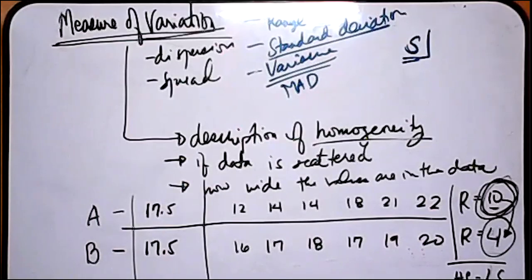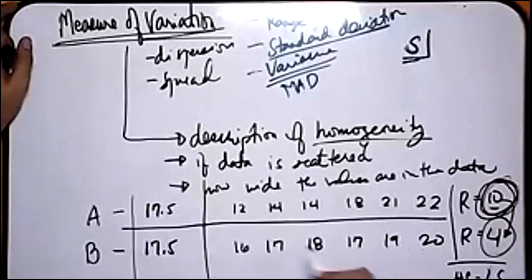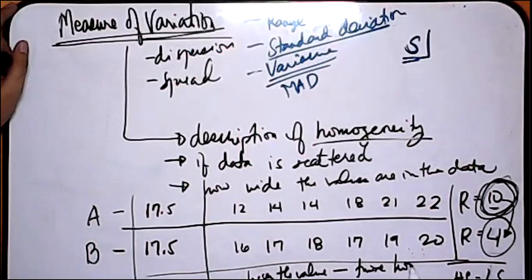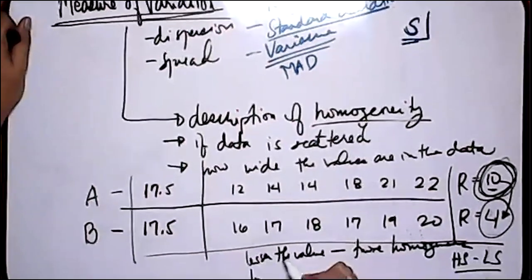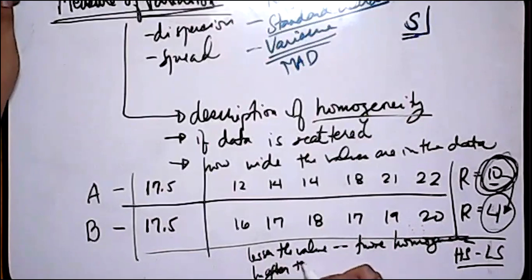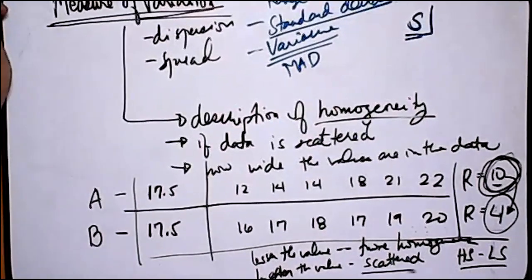Or the higher the value, of course, you expect that your data is scattered.